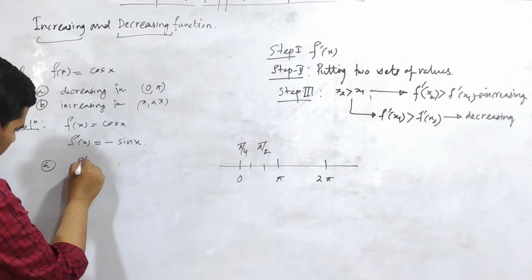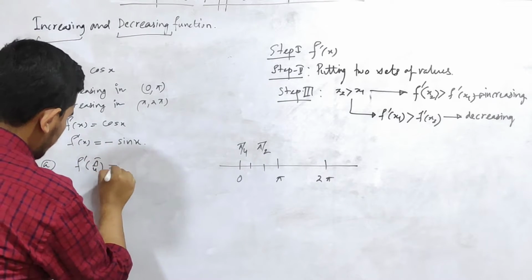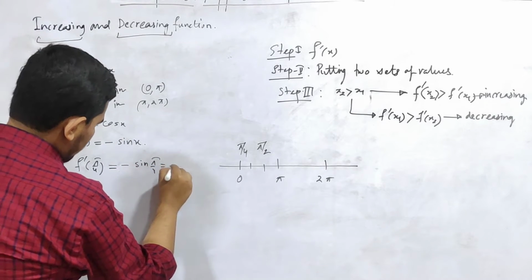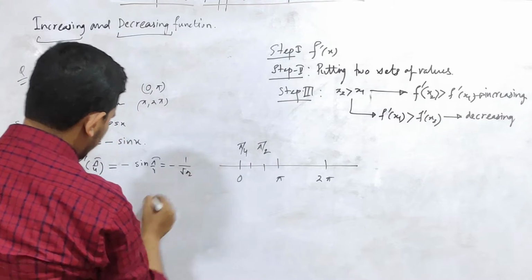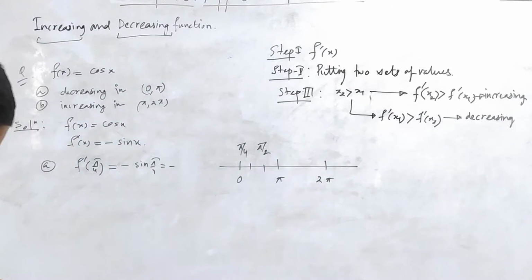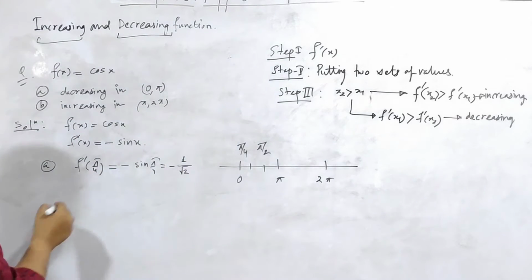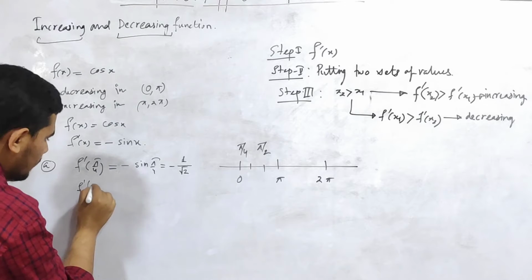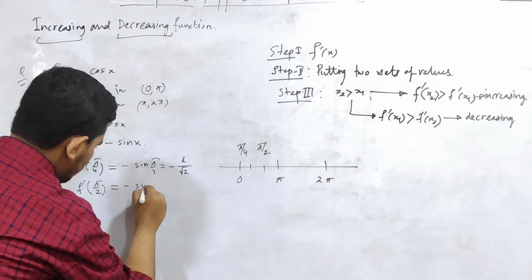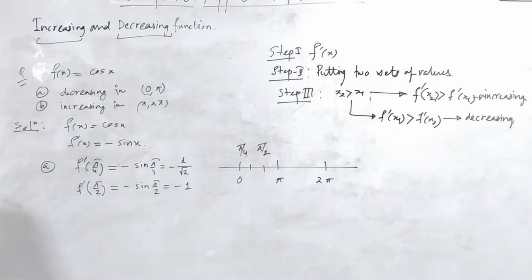Now f dash of x at pi by 4 will be minus sin pi by 4, which will be minus 1 by root 2. Again I need to find f dash of pi by 2, which will be minus sin pi by 2, which will be minus 1.